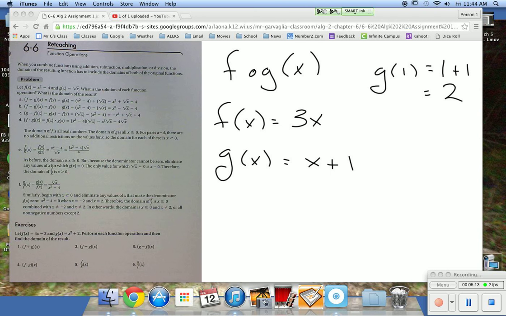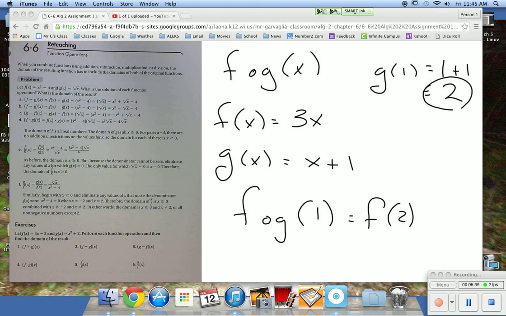And if we look at f of g of x, when x is 1, it's like putting 1 into our g of x first, and then we take the answer, 2, and put it into f of x. So f of 2 is 3 times 2, which equals 6.